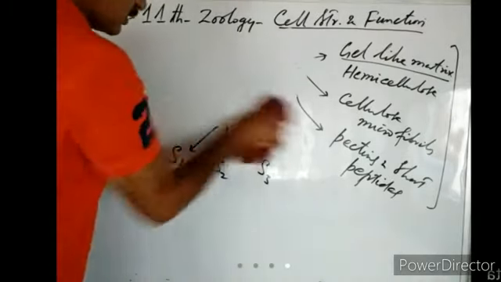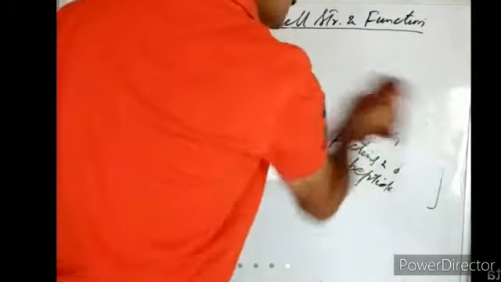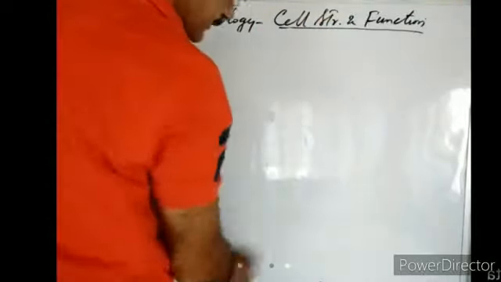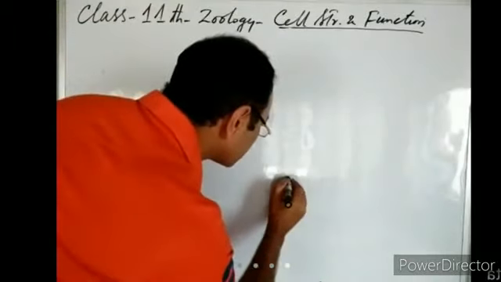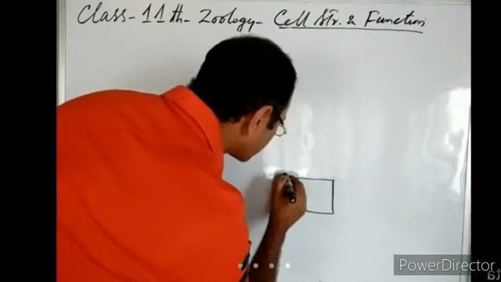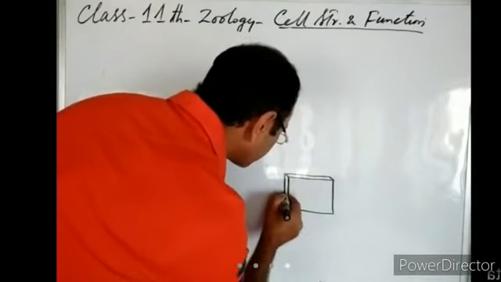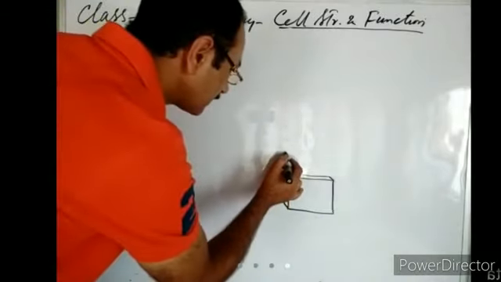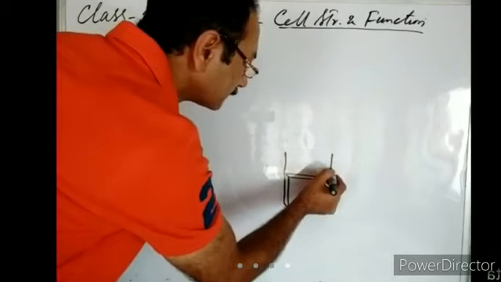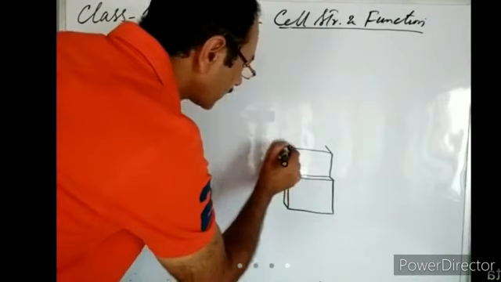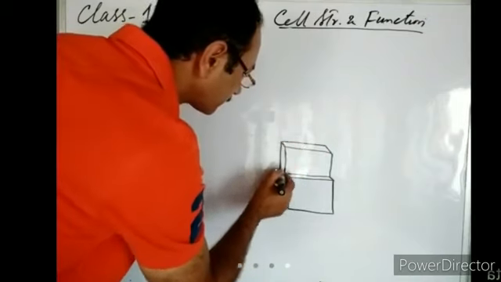In the secondary cell wall, there are 3 layers. The 3 layers are S1, S2, and S3: secondary wall first, secondary wall second, and secondary wall third. So suppose this is the middle lamella. When the cell wall formation begins, first a little middle lamella is formed. On this middle lamella is laid the primary cell wall.